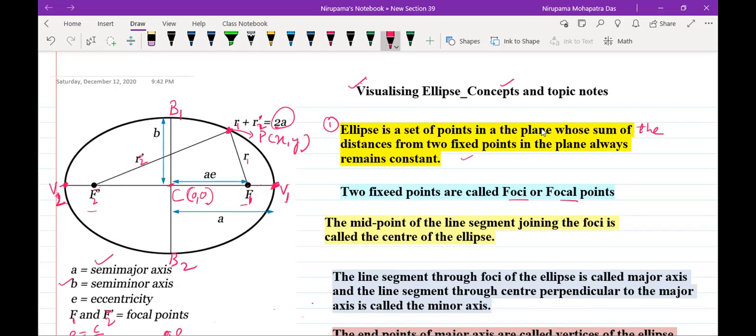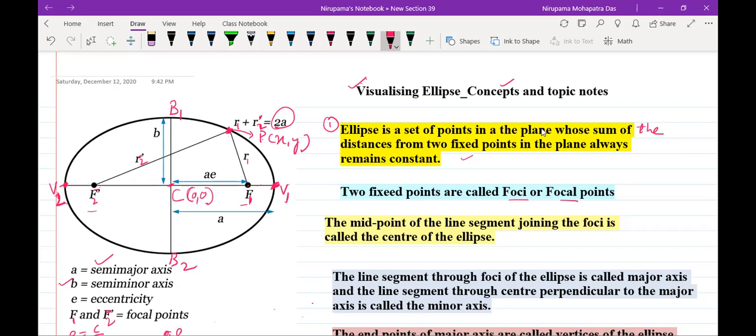This is the point P, and its distances from the two fixed points are PF1 and PF2. The sum of the distances from the two fixed points always remains constant. The distance of P from F1 is R1, and the distance of P from F2 is R2. So R1 plus R2 is a constant, and R1 plus R2 equals 2a.